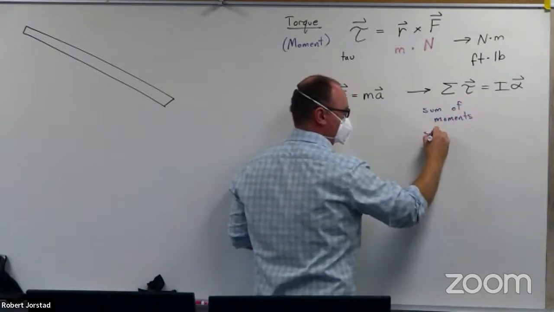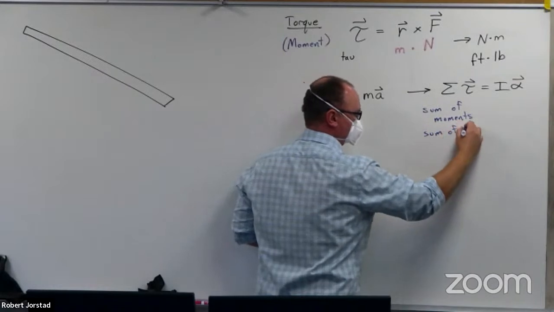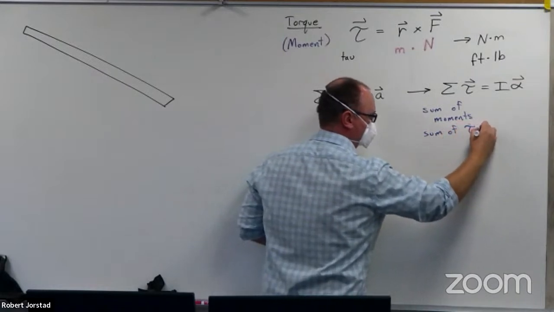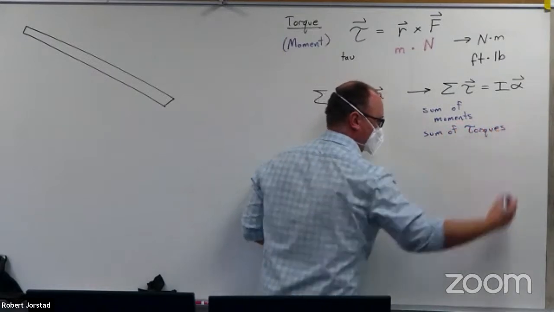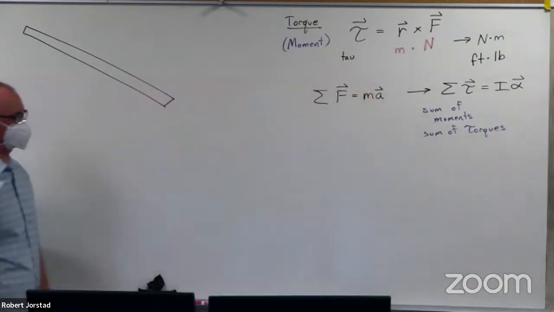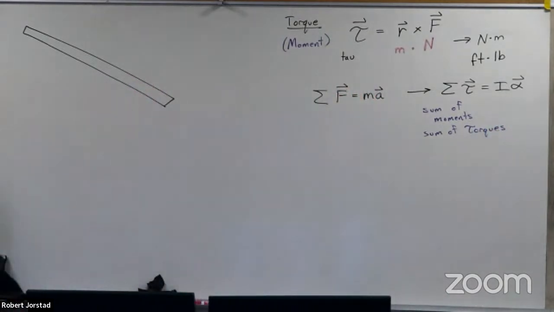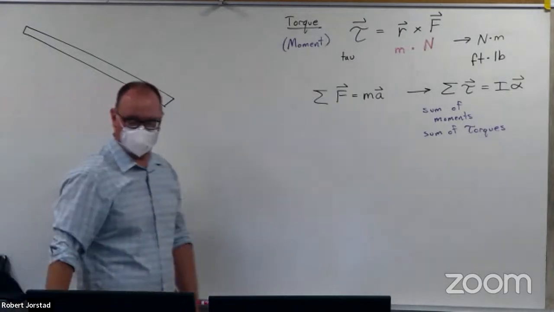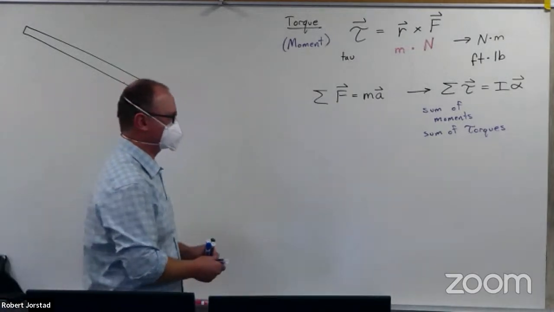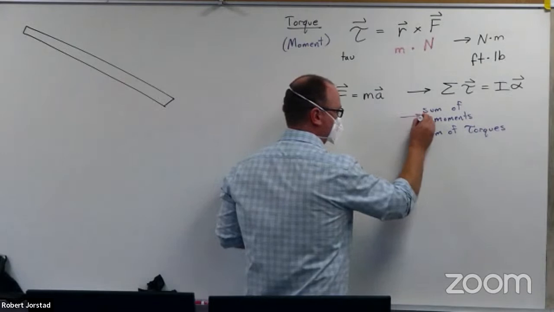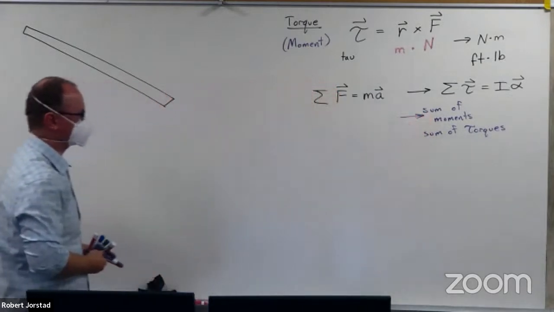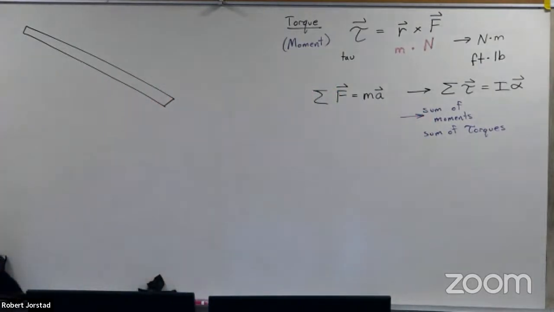I'm going to say sum of torques. I wrote a tau there for no good reason, but whatever. You could say either one. And if you're an engineer, you better say the first one. Don't make me happy. Make your engineering boss happy. Okay?